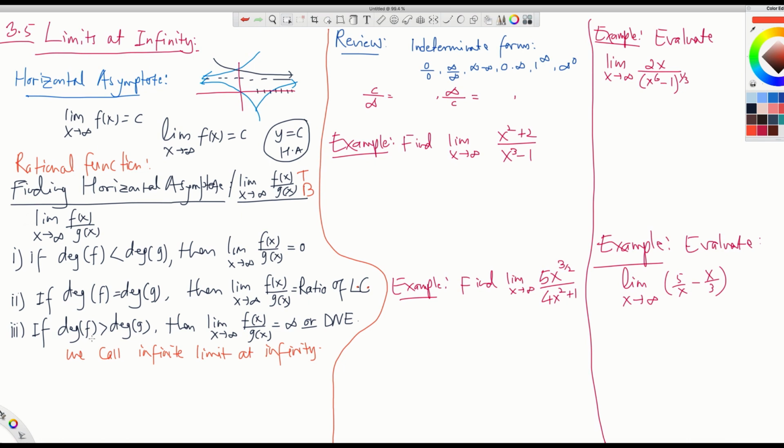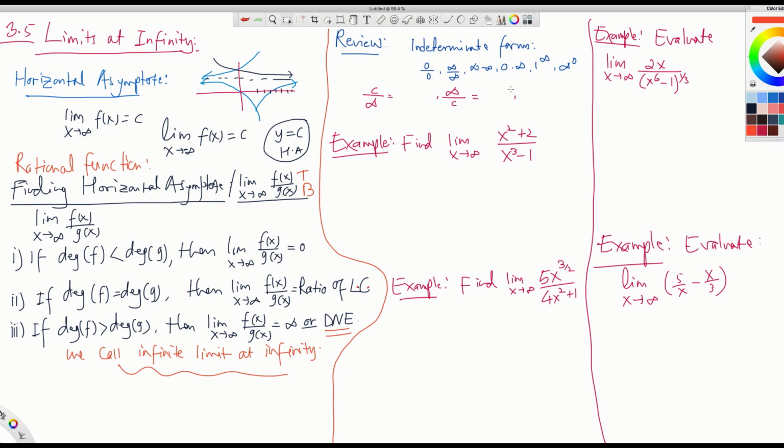And if the degree of the top is bigger than the degree of the bottom, then in that case this limit will be infinity. In case of infinity, we call it an infinite limit, or we say the limit does not exist because it is not finite. We also call this an infinite limit at infinity, because the limit is at infinity and the limit is also infinity there.